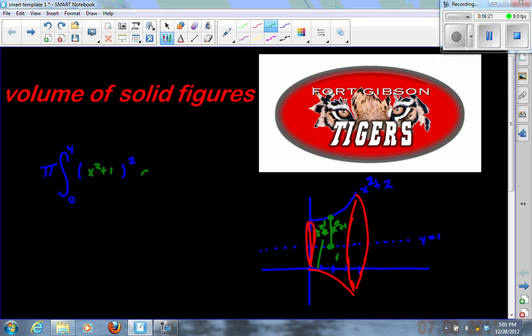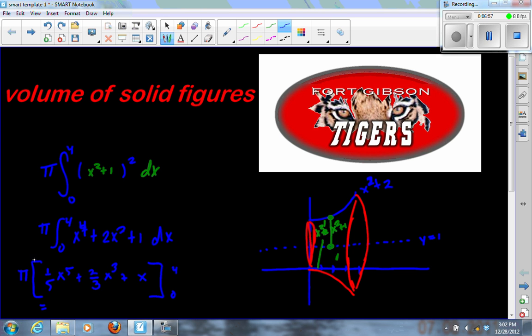Okay, now integrating this means I've got to FOIL that first. So this would be x to the 4th plus 2x squared plus 1, which is 1/5 x to the 5th plus 2/3 x cubed plus x from 0 to 4, which is whatever you get when you plug in a 4 here, here, and here.